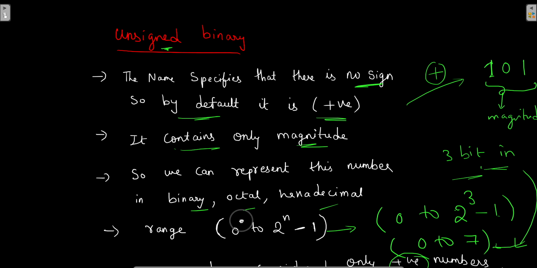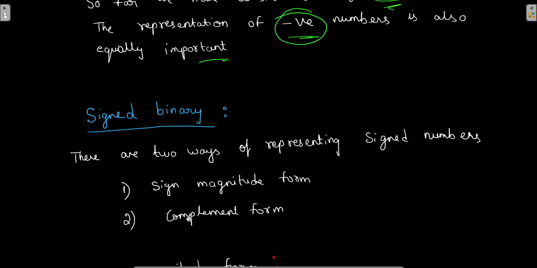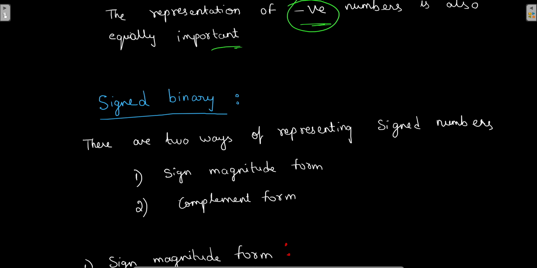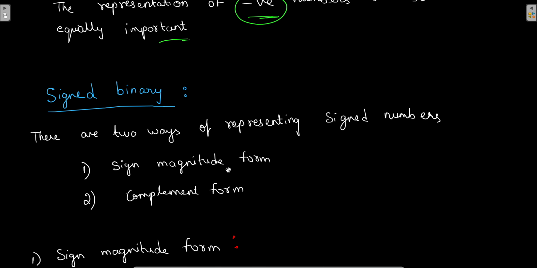The name indicates that it has a sign, which may be positive or negative. We can represent signed binary in two ways: signed magnitude form and complement form. Complement form has two types: one's complement and two's complement.